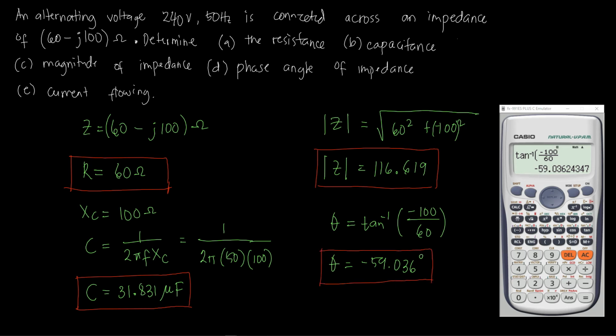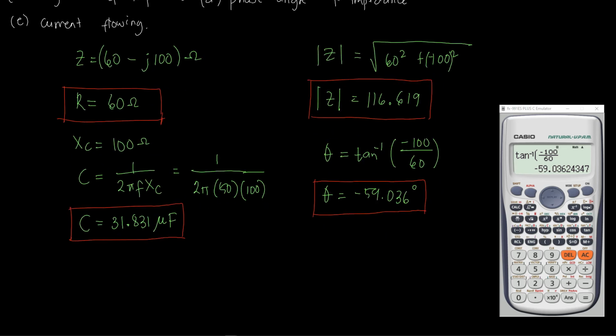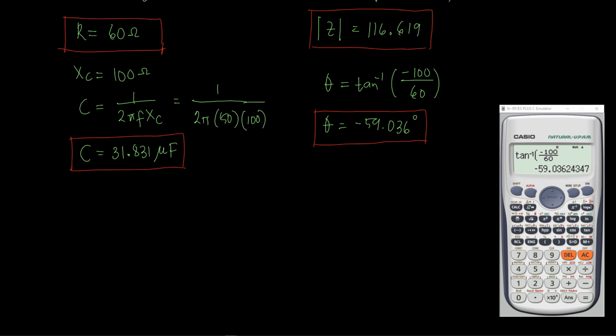Okay, last, the current flowing. How do we get the current flowing? I equals V divided by Z. Since V is equal to IR, and here we are dealing with impedance, V is equal to IZ.